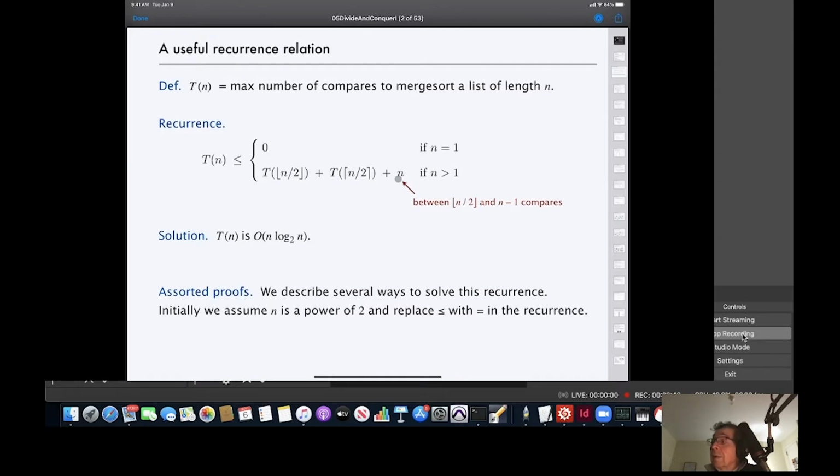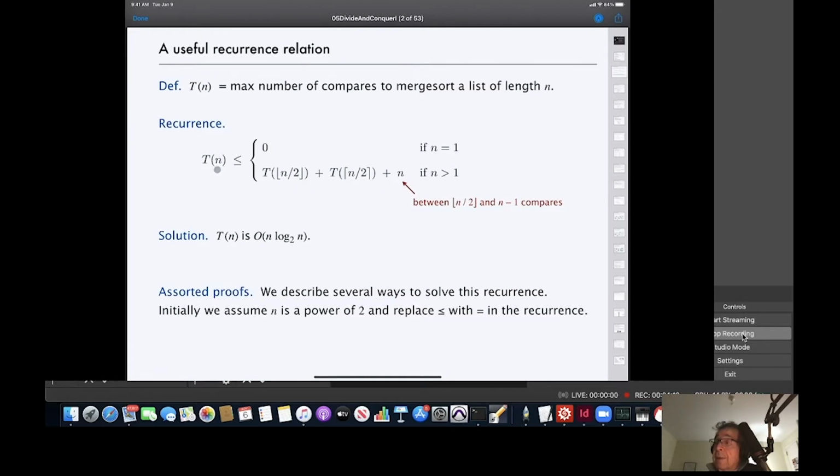And remember that merging these two files of size n over 2 would get us a file of size n, and since each of those elements is passed to the final destination only after a comparison is made, we conclude easily that we have made n compares. So this is a recurrence relation for this recursive problem.